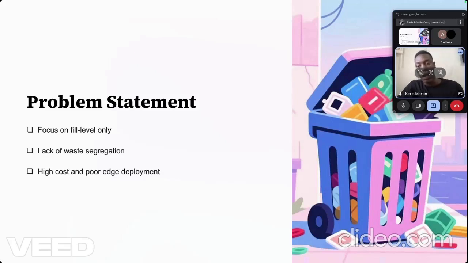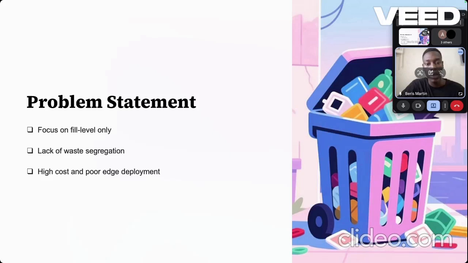So our problem statement, we have seen that most of the current solutions are kind of separated, in that if a solution is found, it's focusing on maybe seeing if a dustbin or rubbish is at a certain level, whether full or empty.